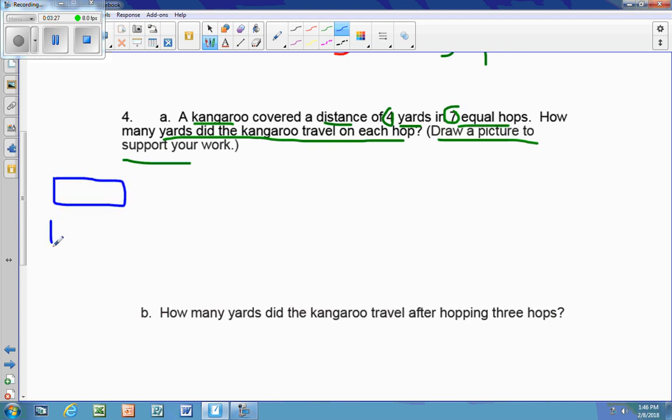1, 2, 3, and 4. So I want to split the yards up into 7 equal hops. So I'm going to split each of these yards into 7 pieces.